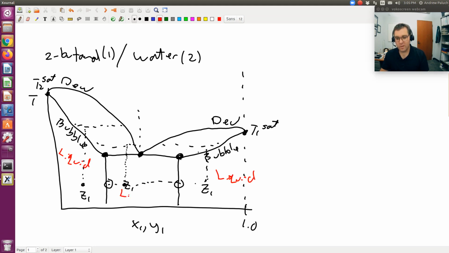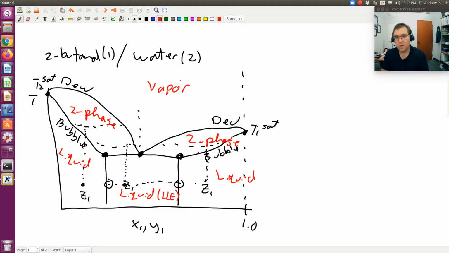This is still liquid, but this is going to be LLE, so I will have two liquid phases. I'll get phase splitting, so I'll have two liquid phases in coexistence with each other. Inside my lobes is still two phase, and then vapor up here.